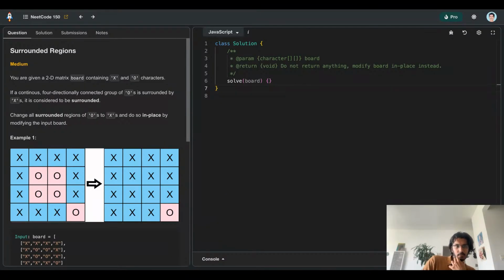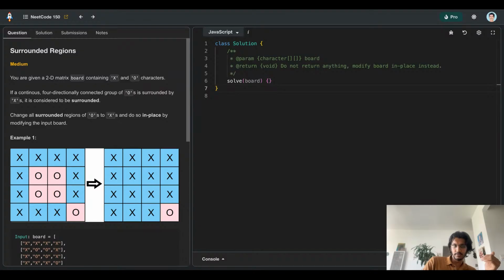And if you see an O, brute force would be you just keep moving up until you reach a 0.